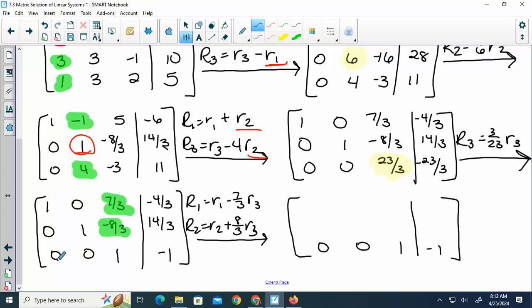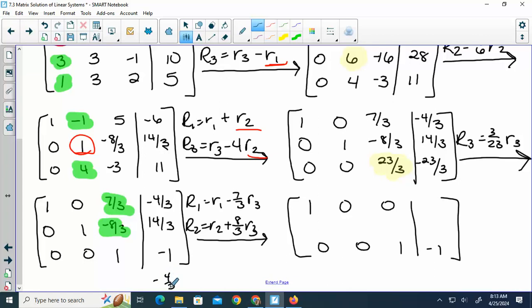1 minus 7/3 times 0 is still 1. 0 minus 7/3 times 0 is still 0. 7/3 minus 7/3 times 1 is 0.